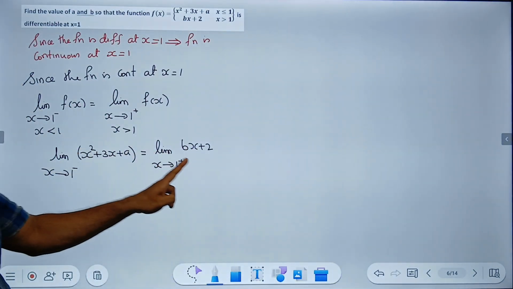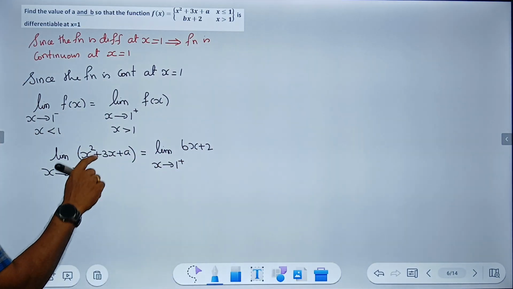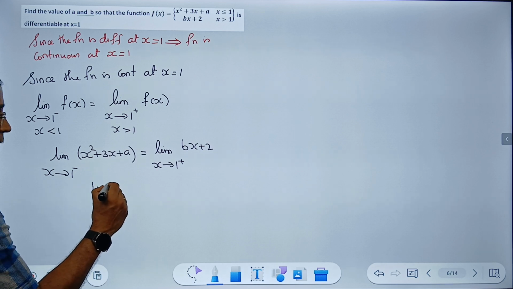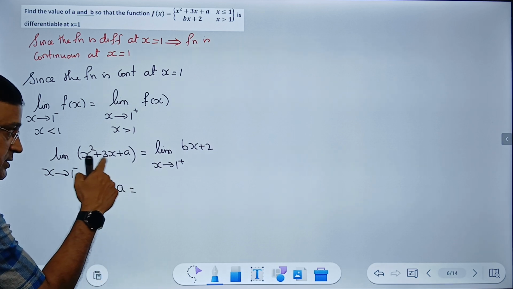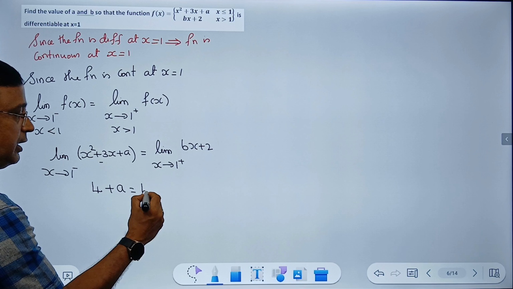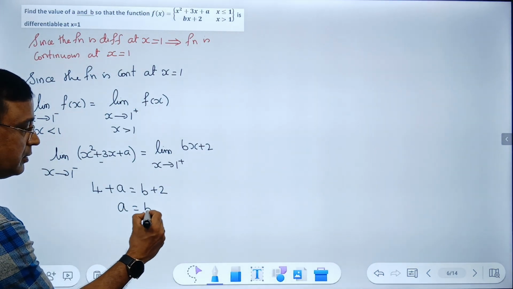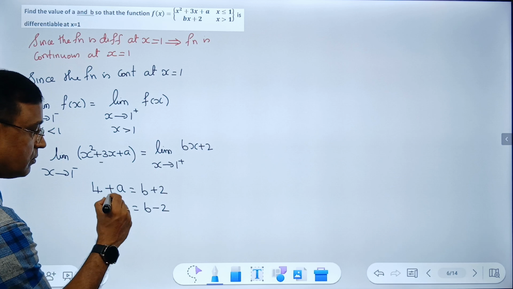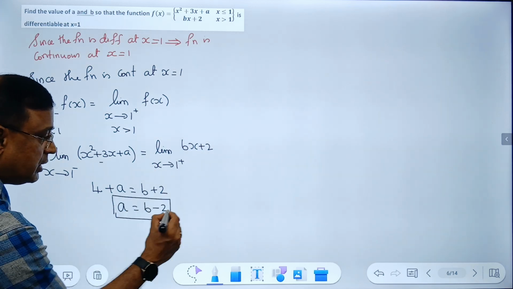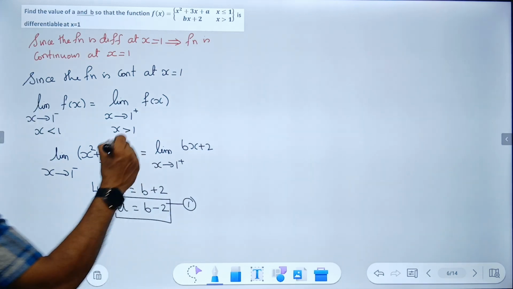LHL equal to RHL. Now direct substitution, putting x as 1, you get 4 plus a equal to b plus 2. Therefore, I get a equal to b minus 2. Very important relation, I need this. Let me call it 1.